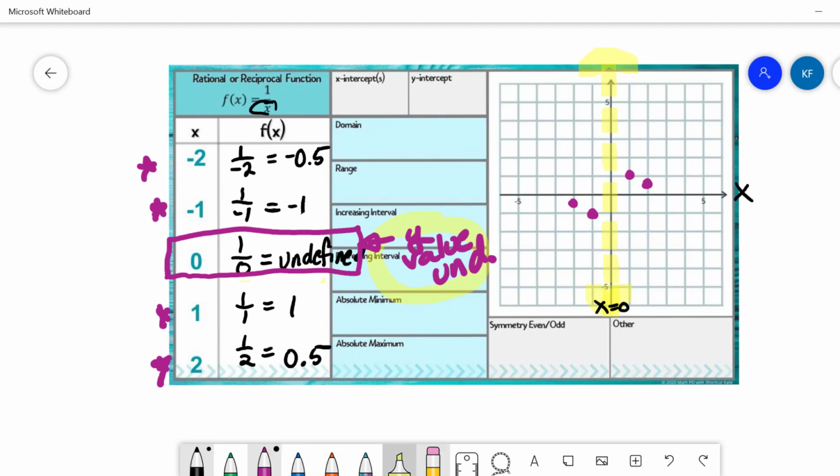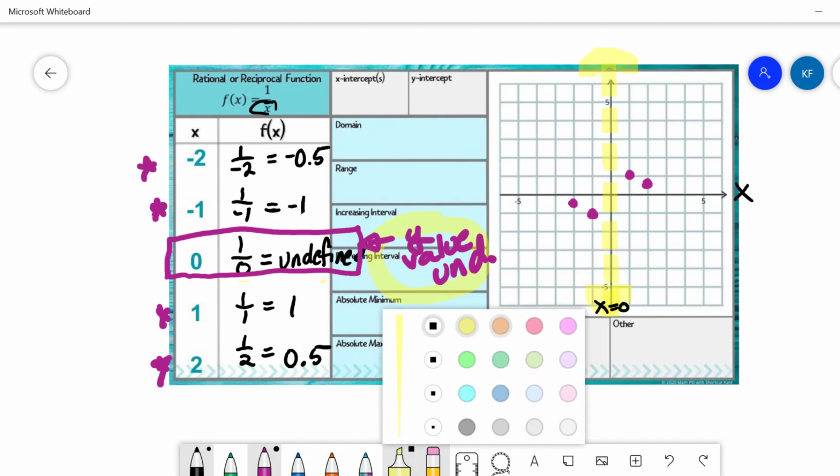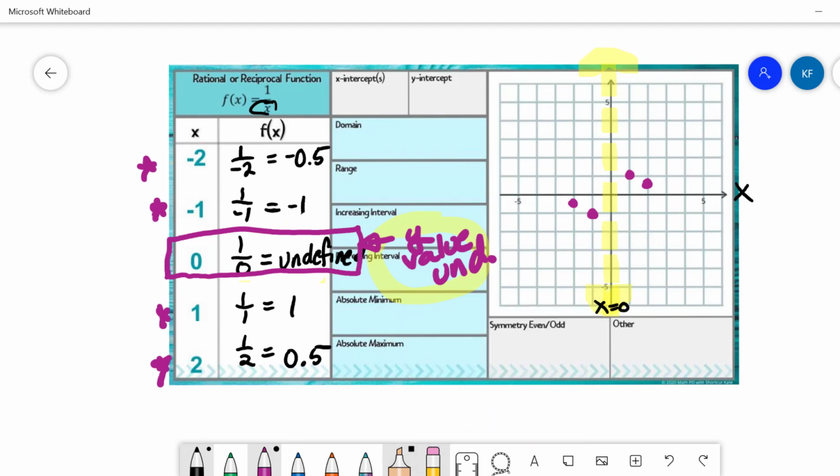You also have another asymptote, and we're going to be looking at this in more detail as we go through the rational section. And this one is at y equals 0. So this is the asymptote at y equals 0. So in your notes, you may as well just write asymptote.